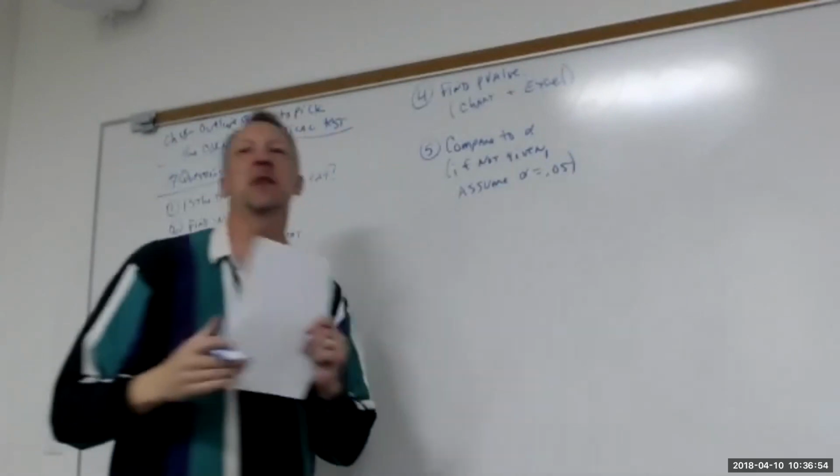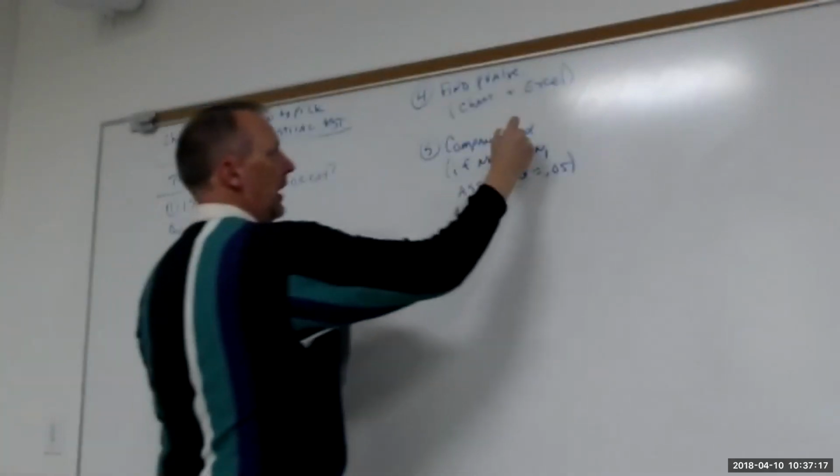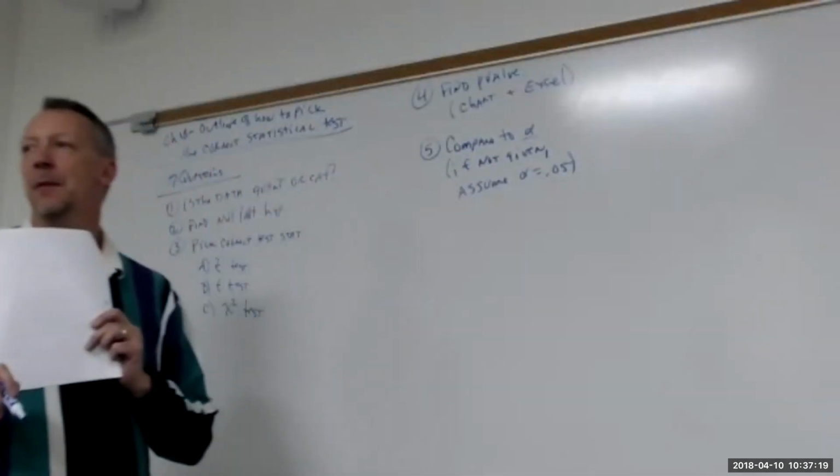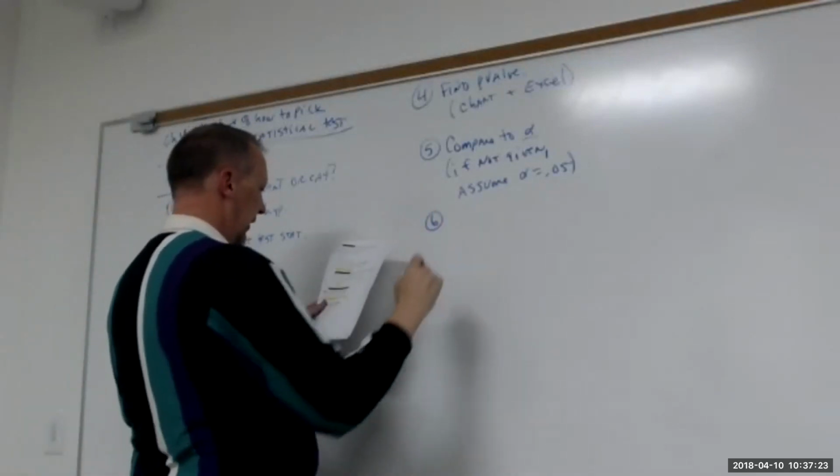By the way, remind me again, what's alpha? Remember what alpha is. Type 1 error. I didn't give you any problems. I promised I was going to give them to you, so I'm going to give those to you before Thursday. We're more concerned about alpha, which is the type 1 error, than we are about beta.